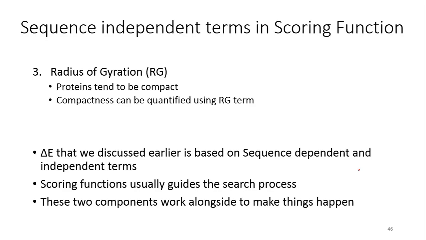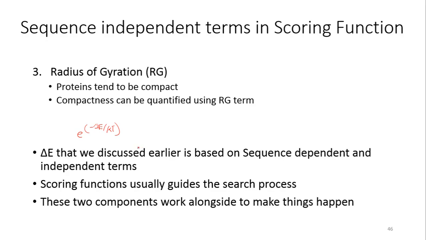Now, do you remember this term again, e raised to minus delta E by kT? This function usually determines whether or not to accept or reject the new configuration in the Monte Carlo algorithm.